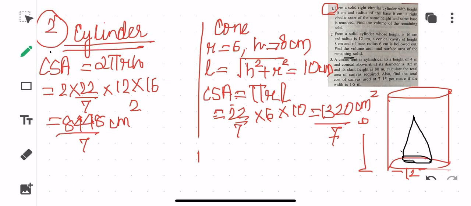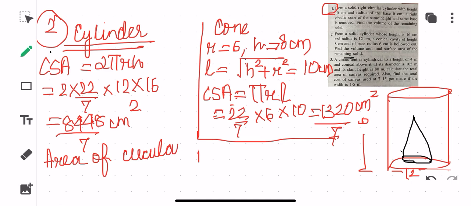Now for the cylinder, I have to calculate the area of the upper part, or else it can be called the area of the circular ring on top. This way you can write ring on top.